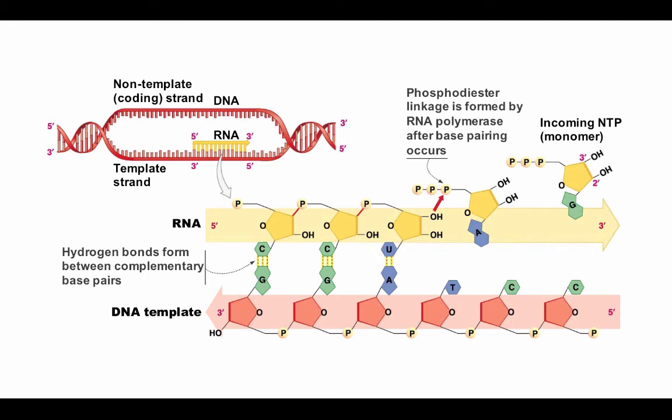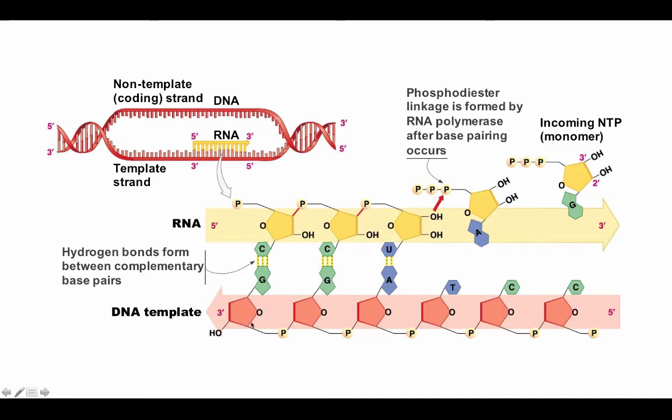So here's a figure showing some of these concepts. Here we have the non-template coding strand of DNA being separated from the template strand by an RNA polymerase. Nucleotides are being added to this RNA strand at the 3' end, so it's being synthesized from the 5' to the 3' direction.